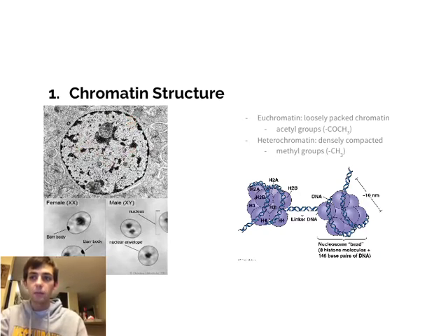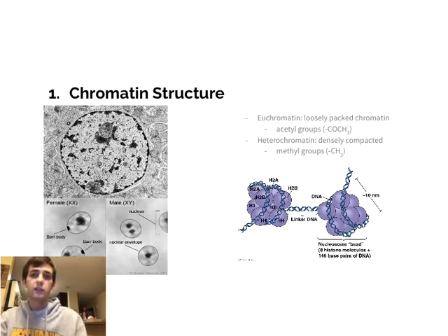It's very loosely packed. Sticking out on the nucleosomes of that euchromatin are these little tails that stick out off the histone proteins, and they contain acetyl groups. It's because of the presence of that acetyl group that the euchromatin is going to be the DNA that is typically transcribed and then translated.